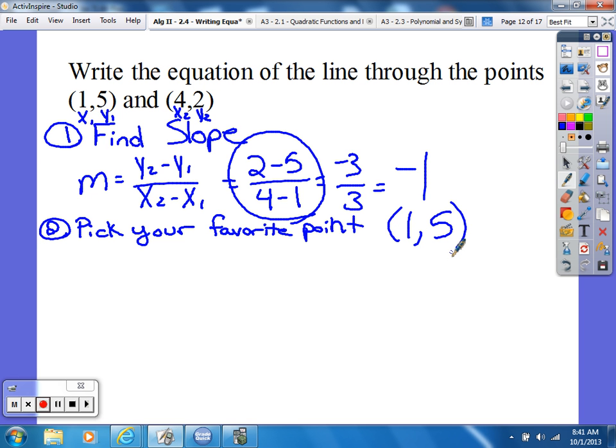Well, now I've got a point and a slope. What do I get to put them in? Point slope form. Go ahead and do that.